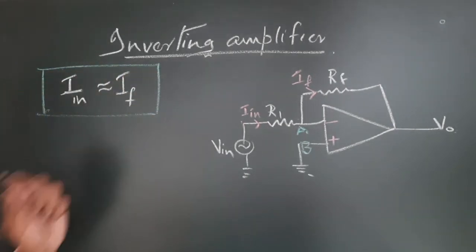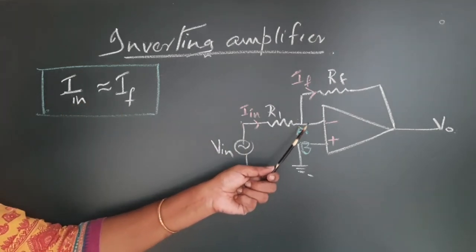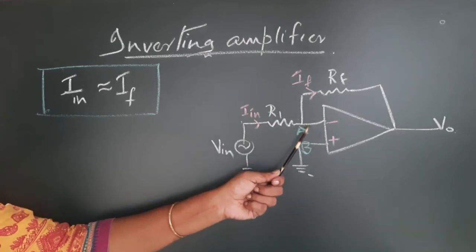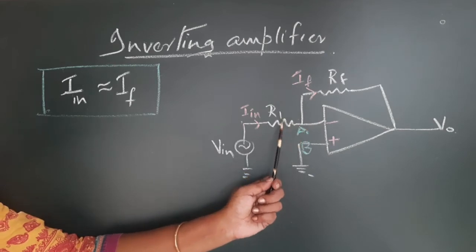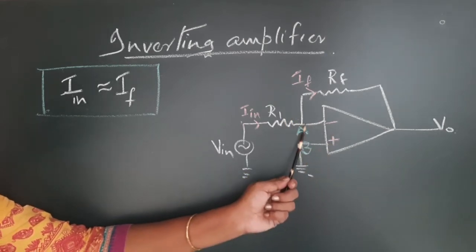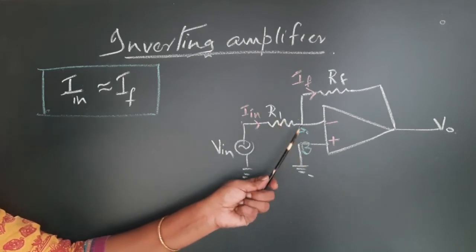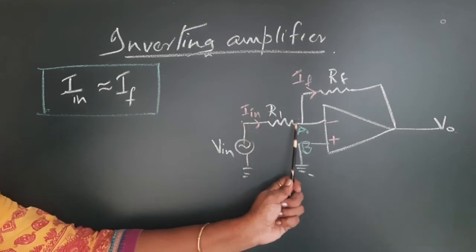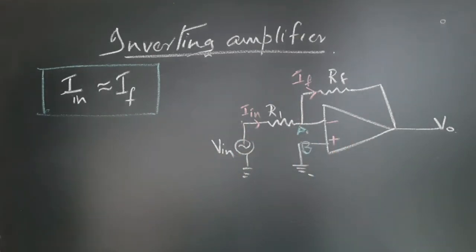So, be comfortable with this concept. It is because the point A is the virtual ground, but it is not a real ground. If it were a real ground, then the current would have flown to the ground. But it is only a virtual ground, so all the current flowing through this R1 will flow through RF. So, you can write it in this way.